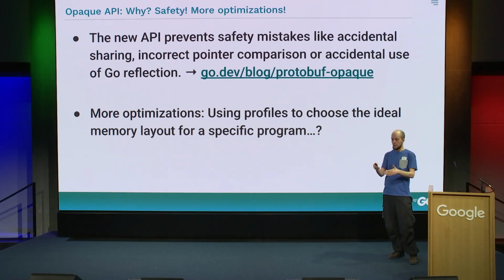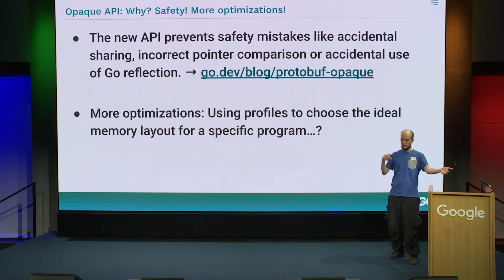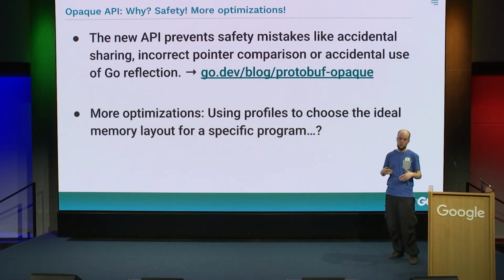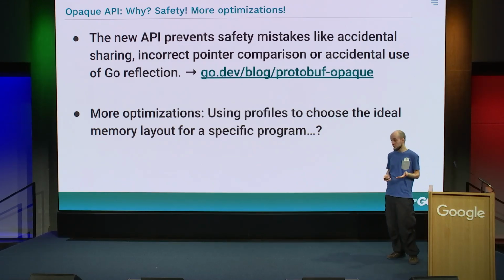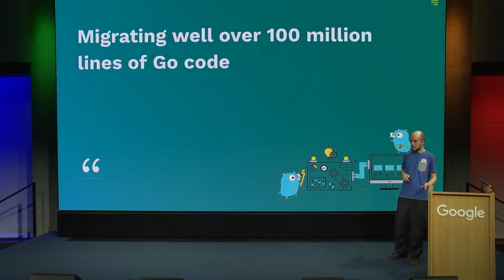Previously, if we wanted to optimize Protobuf for one use case, let's say in search, and then another use case in ads had very different performance characteristics, we would have to balance the trade-off between the two. And if we can use profiles, then we can use the additional information we have about your use case to make better decisions at compile time. So that's a very interesting avenue for further optimizations, and that's now unlocked thanks to the Opaque API. Anyway, as I said, you can read up on that on your own time.